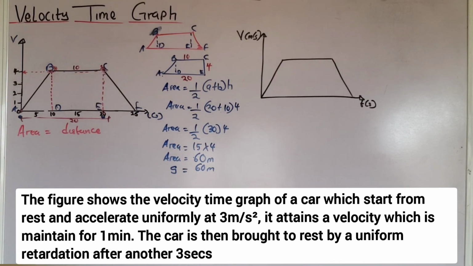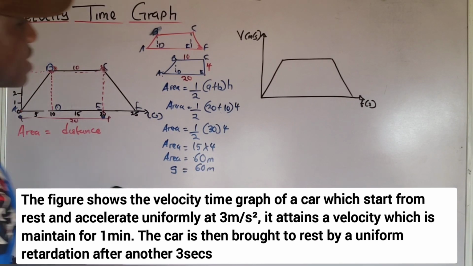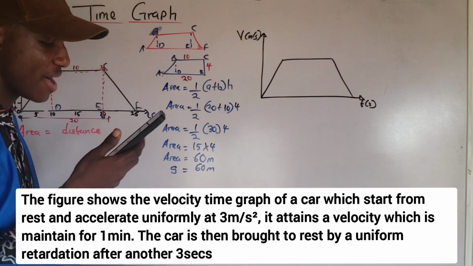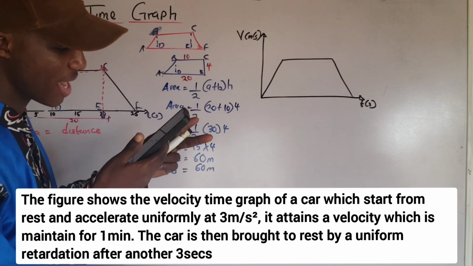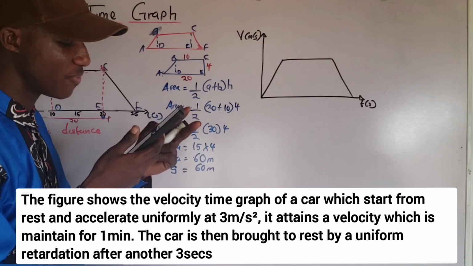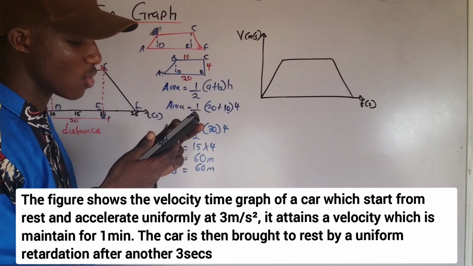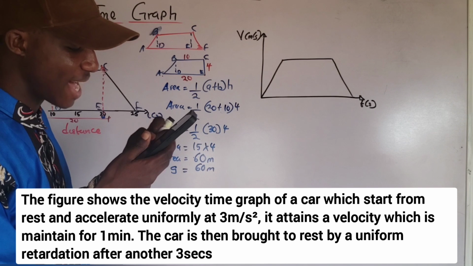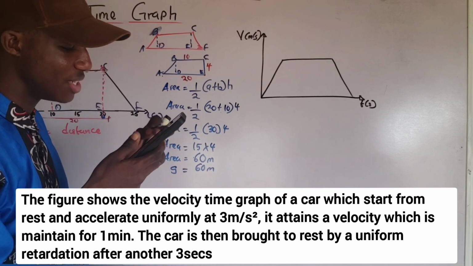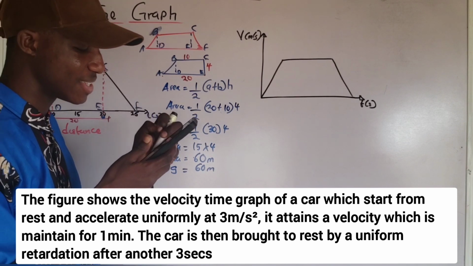The figure shows the velocity time graph of a car which starts from rest and is accelerated uniformly at the rate of 3 meters per second squared for 5 seconds. It attains a velocity which is maintained for 1 minute.